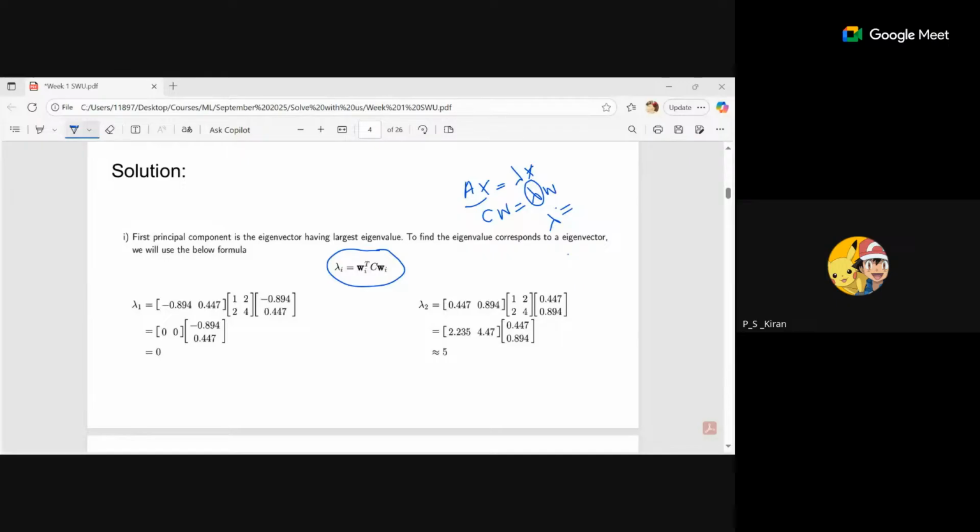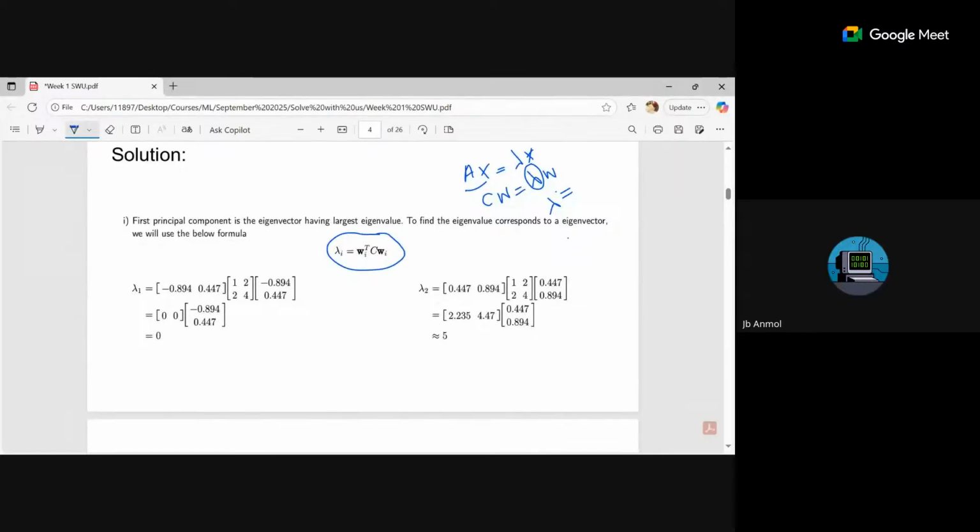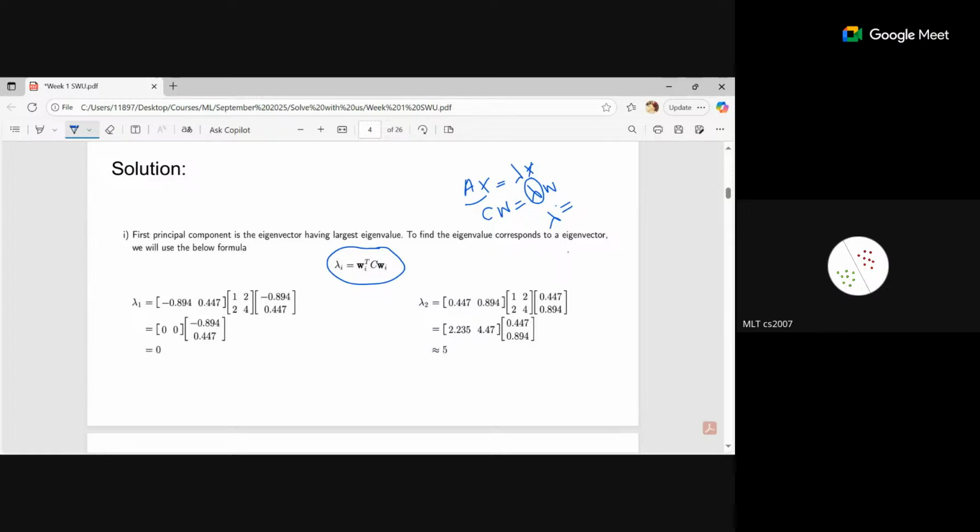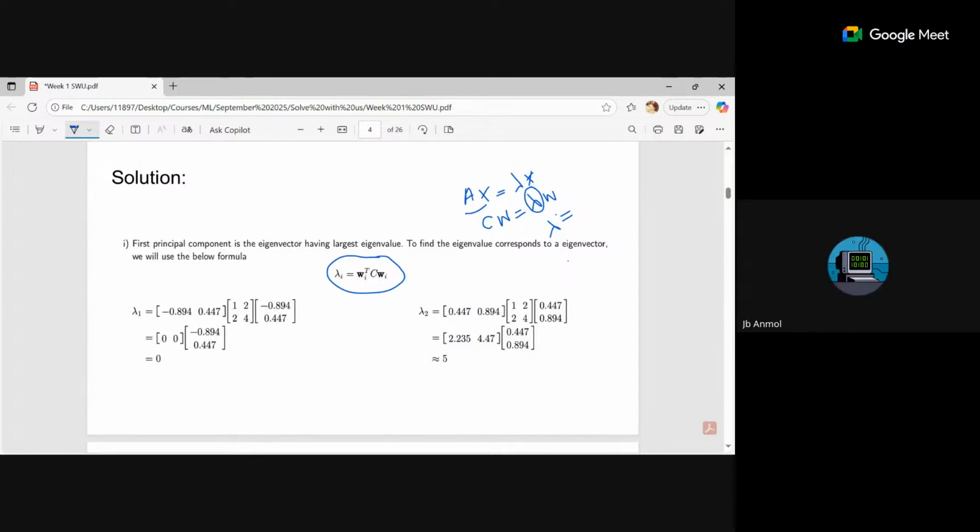Yes, ma'am, sir has derived it in the lectures. Mathematically we are able to see, but I'm unable to visualize this lambda. If something is in 2 or 3 dimensions we can visualize it, but sometimes you have to stick to the maths.